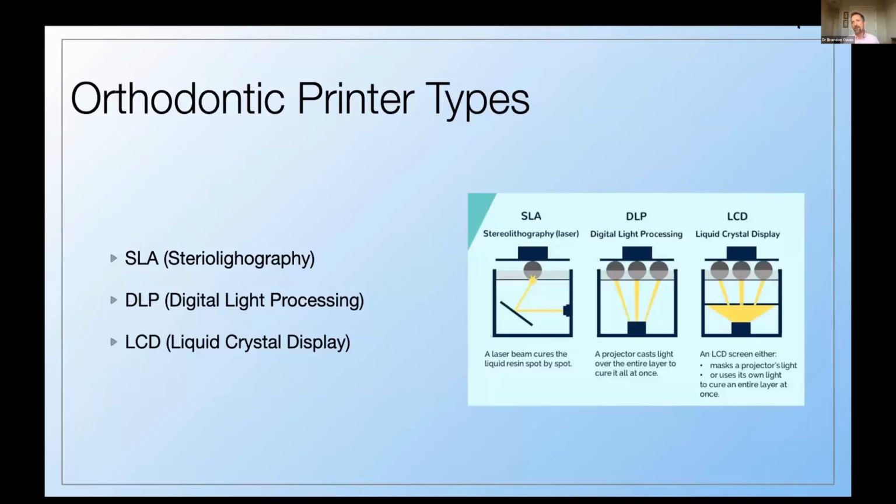LCD printers are also emerging more and more on the marketplace. There are a couple of different ways these LED and LCD printers can work. The light source can come from the LED source directly, as a totally flat panel, but a lot of the LCD printers actually use the LCD to block the projector light instead.